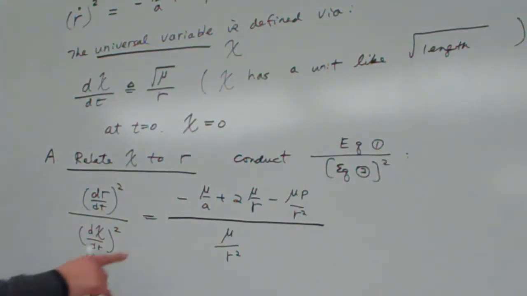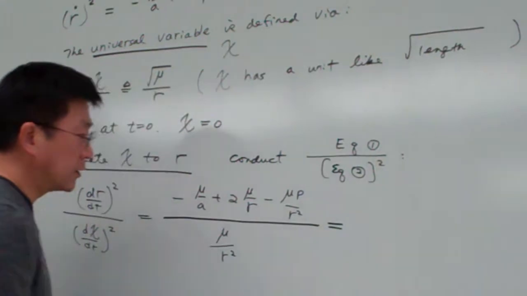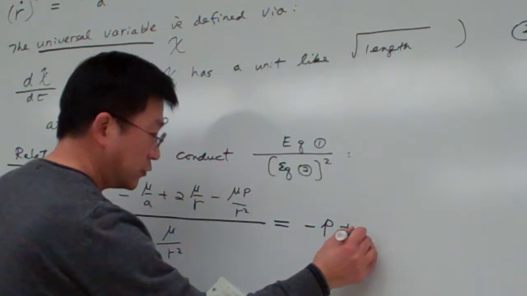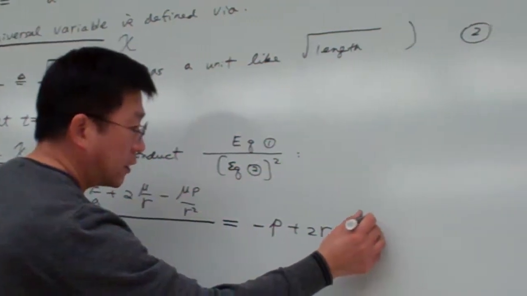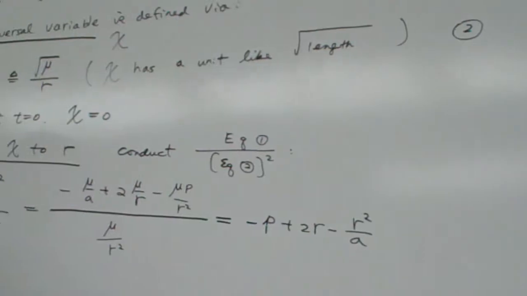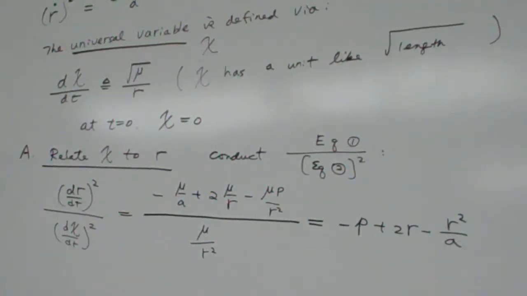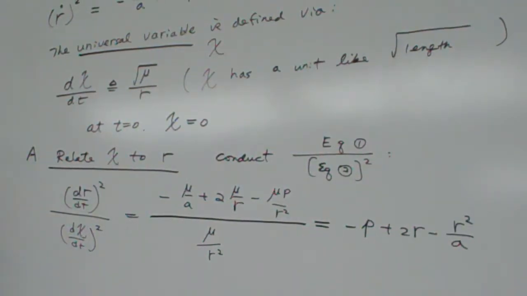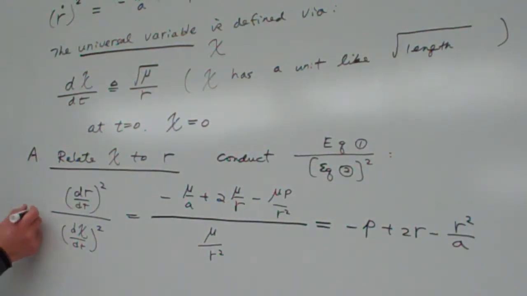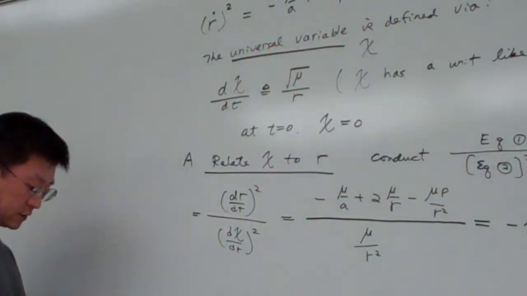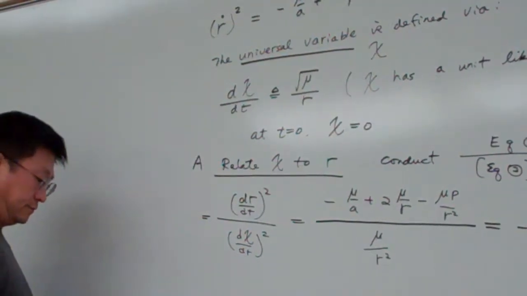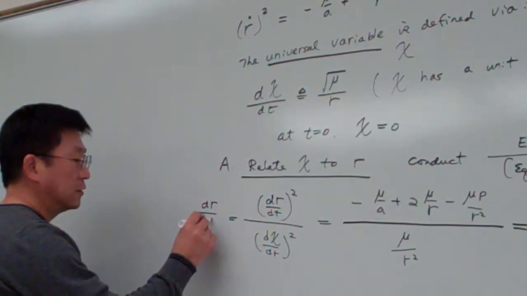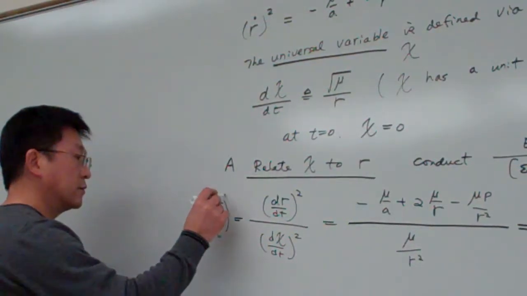Okay, so this one we can further simplify, and that one, do this carefully, equal to minus p plus 2r minus r squared over a. Okay, and on the other side, this one we can further simplify. Basically, this one is dr and d Kc squared.